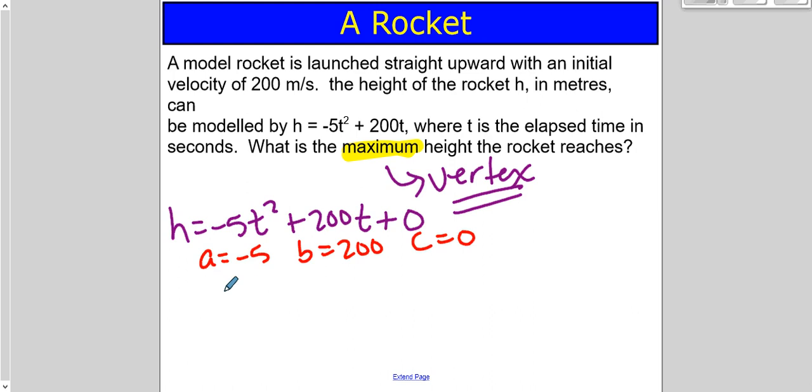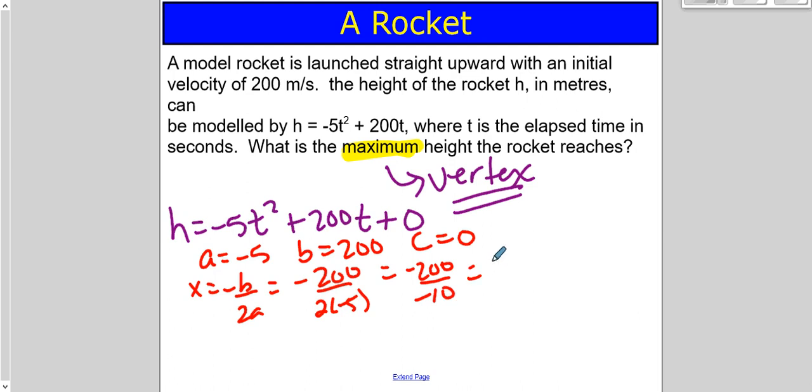And from here, x is equal to negative b over 2a. So negative 200 over 2 times negative 5, which is negative 200 over negative 10, which is just going to be a positive 20. So we can see there that we have an x value at 20. My y value is going to come from putting in that 20 into my expression.